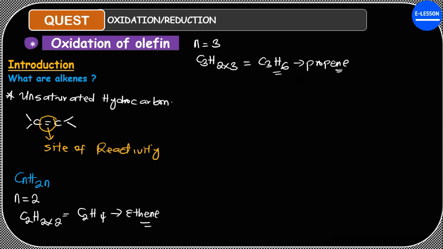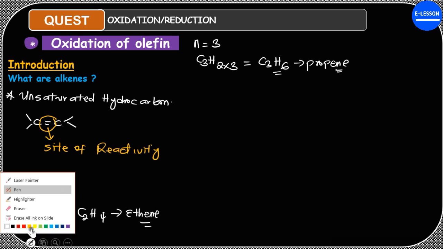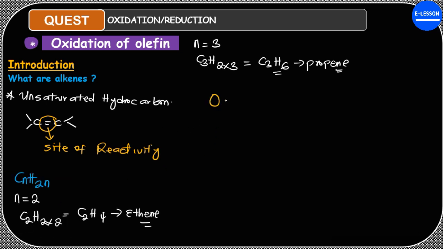Now, talking about the oxidation of olefins. When alkenes or olefins are oxidized, we have olefin plus oxidizing agent. Let me use this to indicate the oxidizing agent. Now, what are we expected to form as the product of this reaction?